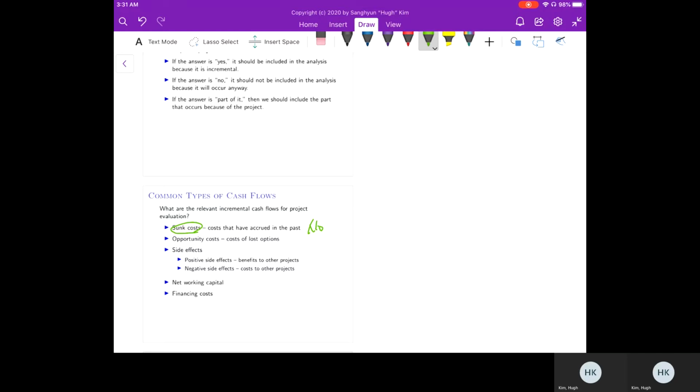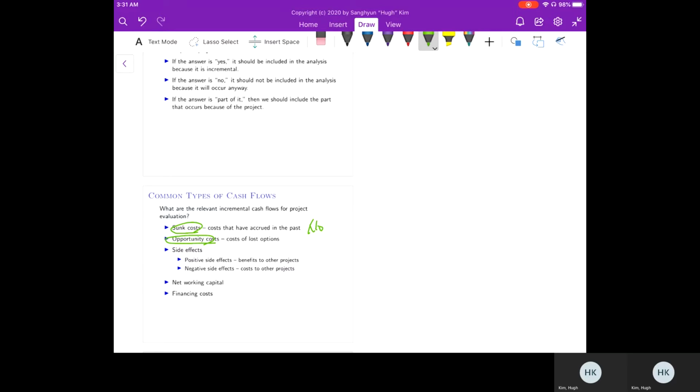How about opportunity cost? Opportunity costs are costs of lost options. These are relevant incremental cash flows. It's also very easy to forget the opportunity cost.